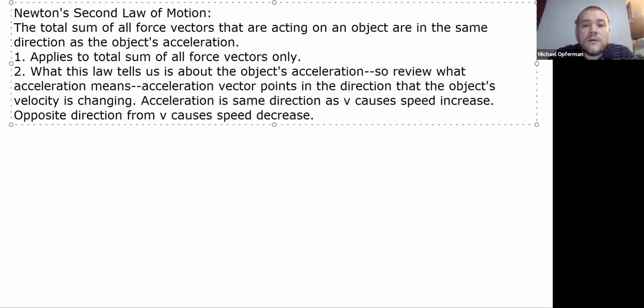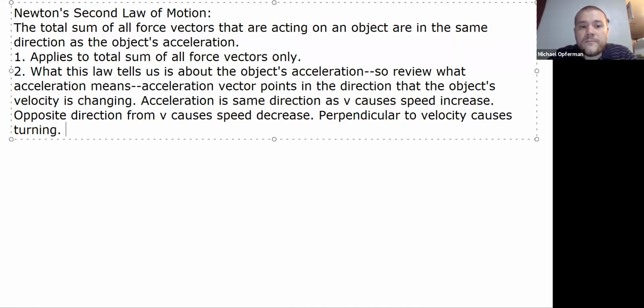And if it's perpendicular to the velocity, that causes turning. And remember what we said in the Newton's first law video, that you need a force to create anything other than straight line motion at constant speed. That ties hand in hand with this idea, because acceleration can cause a change in speed or it can cause a change in direction.